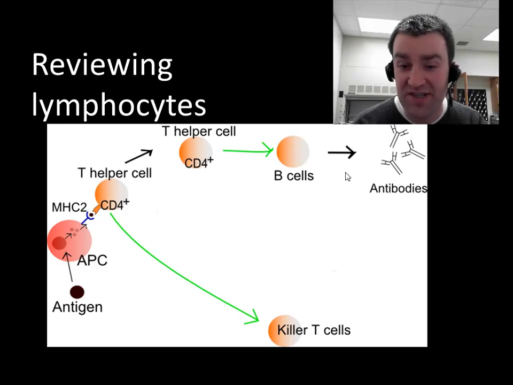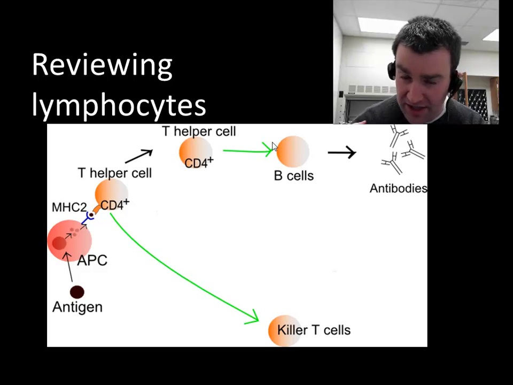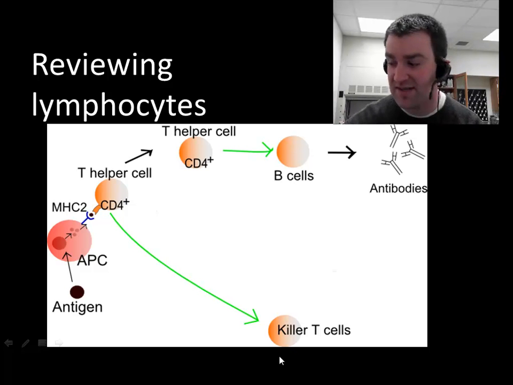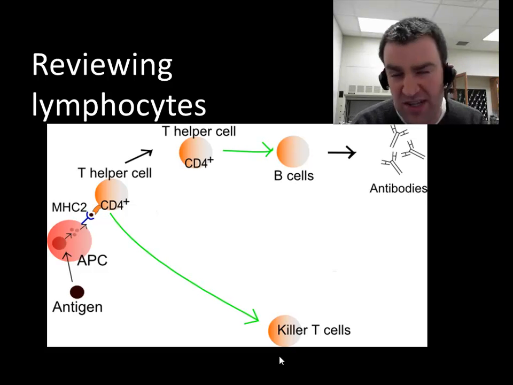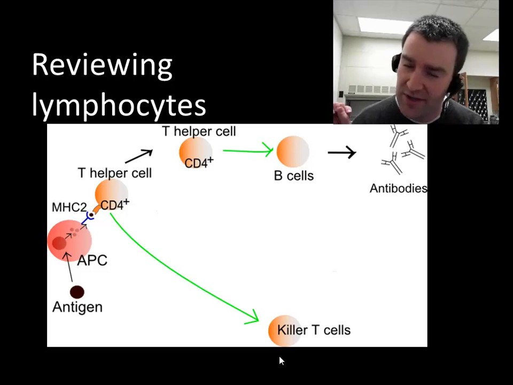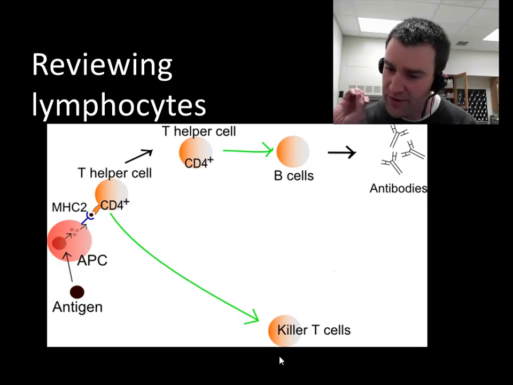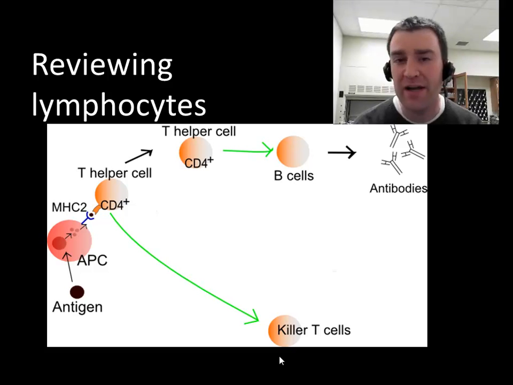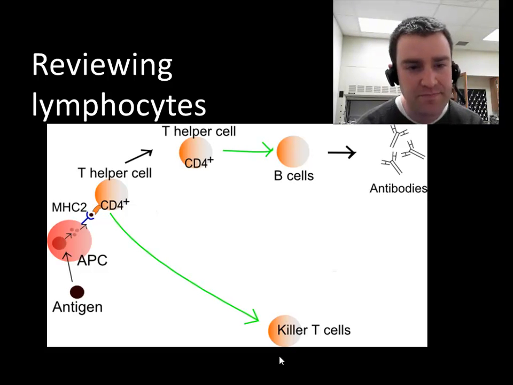B cells again release antibodies to sweep clean the body fluids. Killer T cells have the job of finding infected body cells and telling them to destroy themselves before they maybe release further copies of the bad guy. So if we kill the infected body cells and if we sweep clean the body fluids, then there really should be no other place for the pathogen to hide.